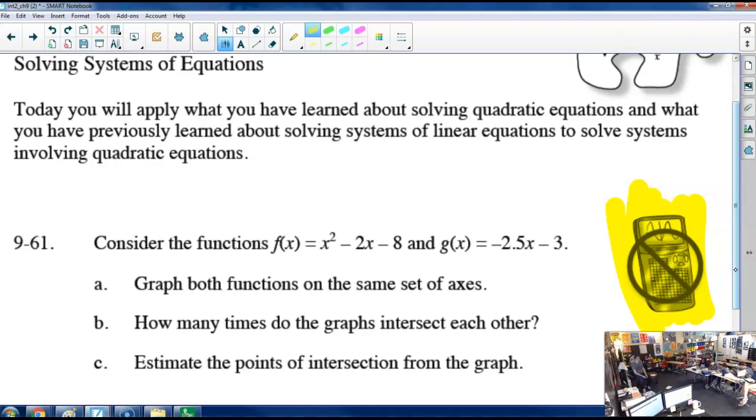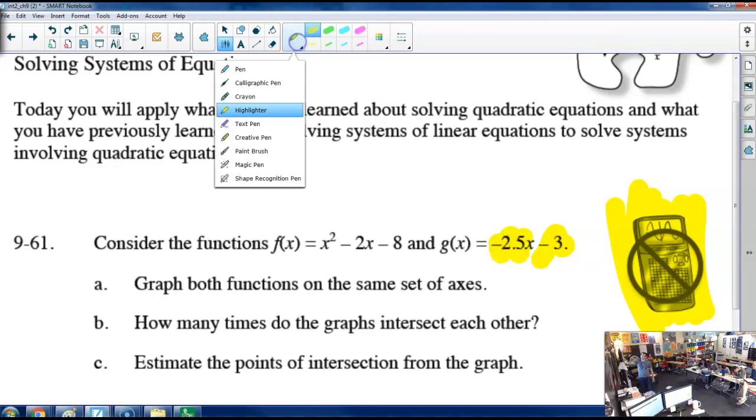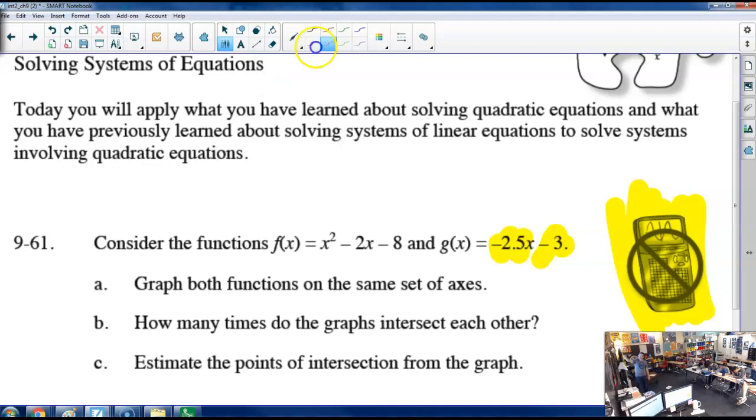Now, g of x should be fairly easy to graph, but a question you could ask yourself before you make your axes is, I wonder what output values I'm going to be dealing with. Because we know the y-intercept here is negative 3. We know the slope here is negative 2.5, so we can generally imagine that line is going to be something like that, probably a little steeper.